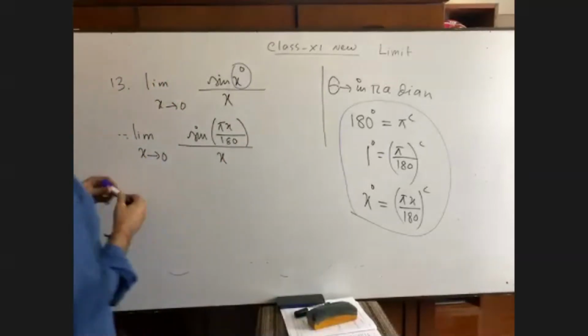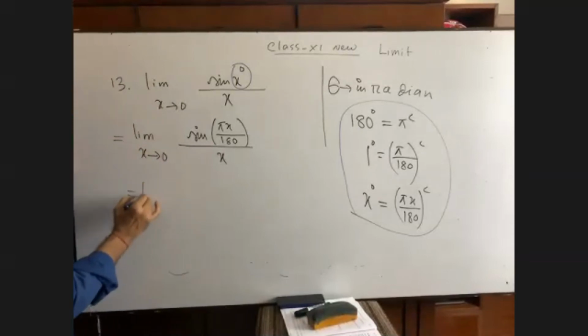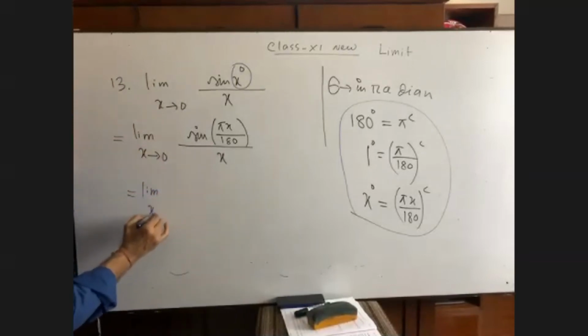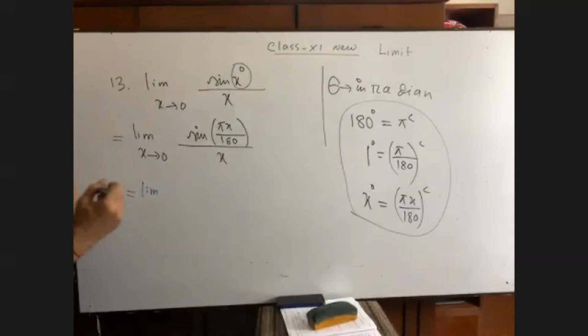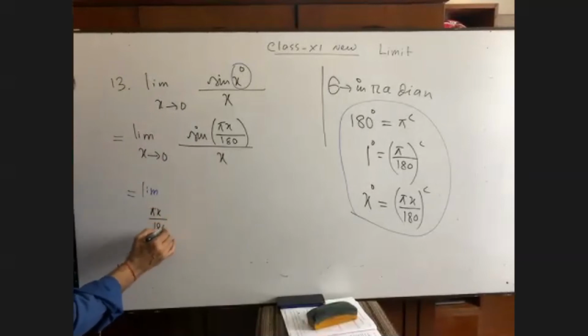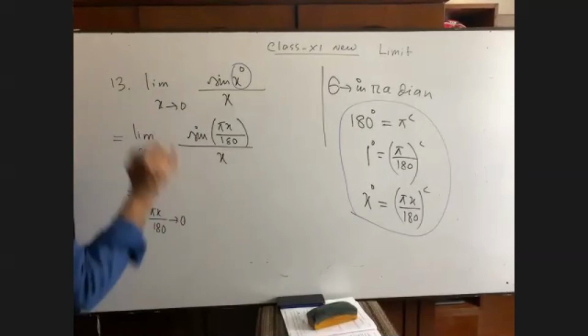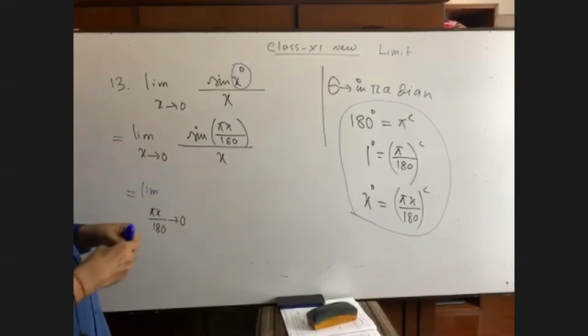Okay, so what is to do here is limit x tends to 0. I am not going to write it down. What is theta here? Let me know at first. Theta is pi by x by 180, as x tends to 0.